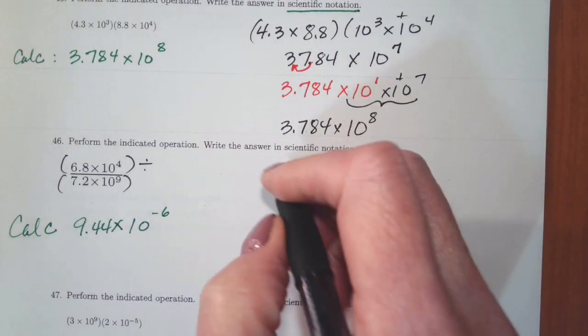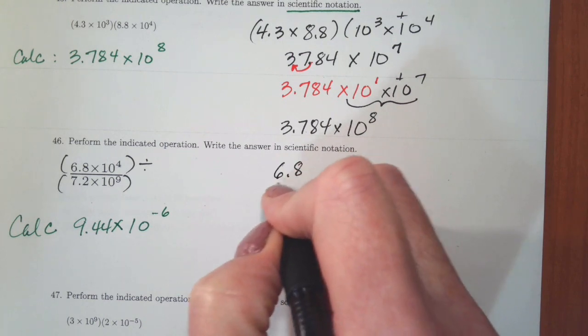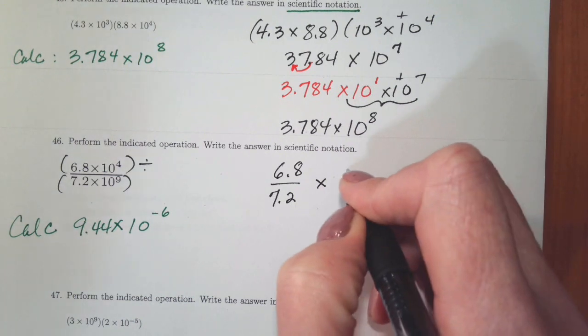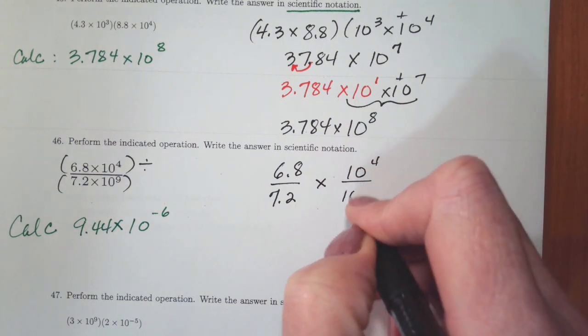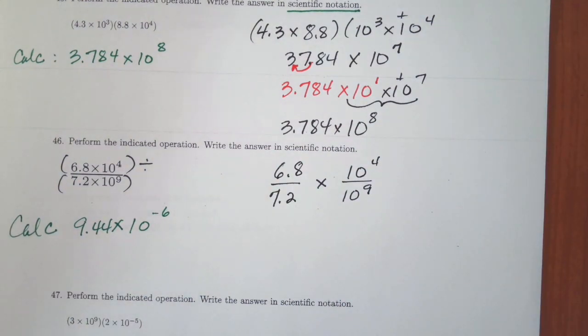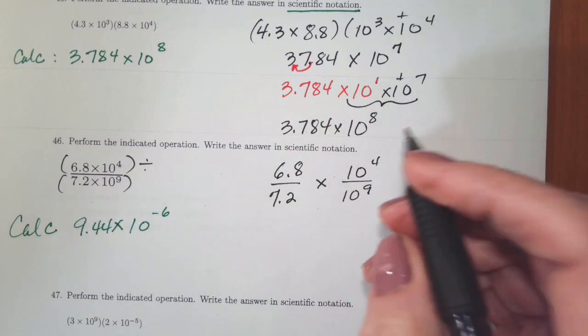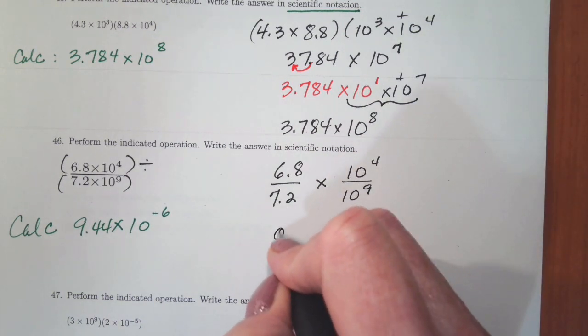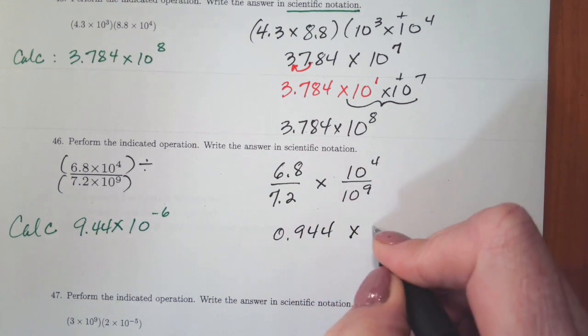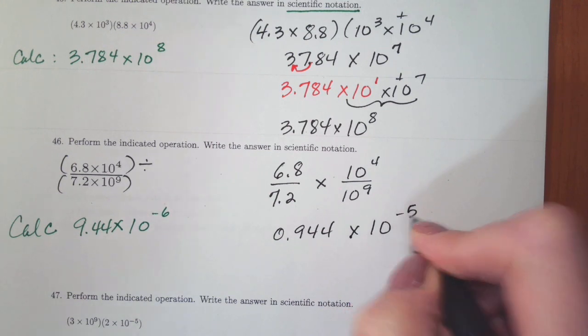If I want to do it by hand, I'm going to take 6.8 divided by 7.2 times 10 to the 4th divided by 10 to the 9th. Okay, well 6.8 divided by 7.2 gives me 0.944, and 4 minus 9 gives me 10 to the negative 5.